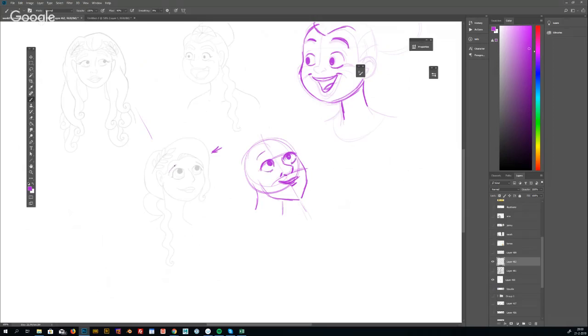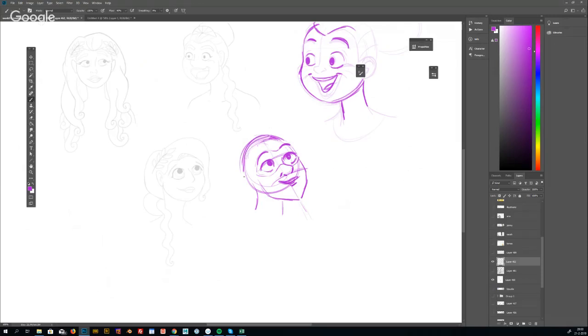And here for these eyebrows, it's really good to try to think of this mask a bit when you're drawing. So that can help with the placement of the eyebrows. And also with the hair.